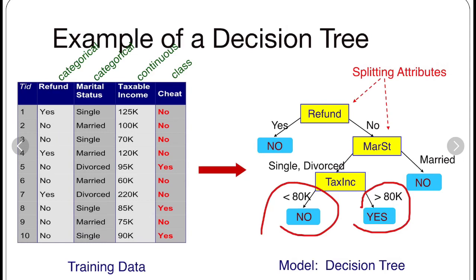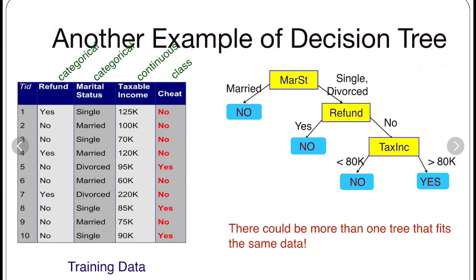So this is how we construct our decision tree. There is another example of a decision tree in this slide. So you can try it on your own using the example before. There could be more than one tree that can fit the same data as long as you can deduce the if-then rule.